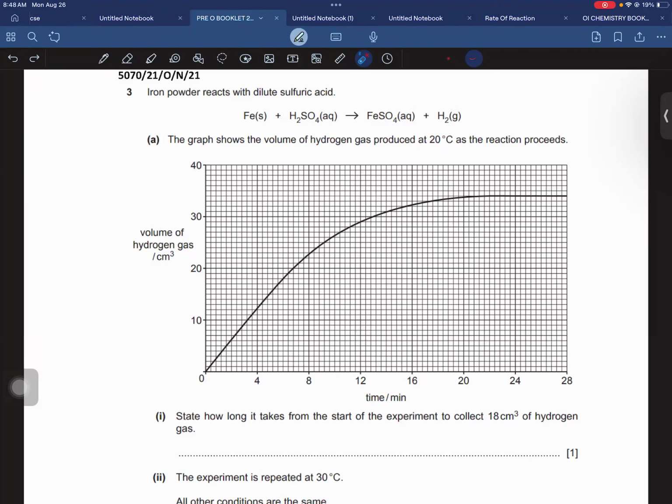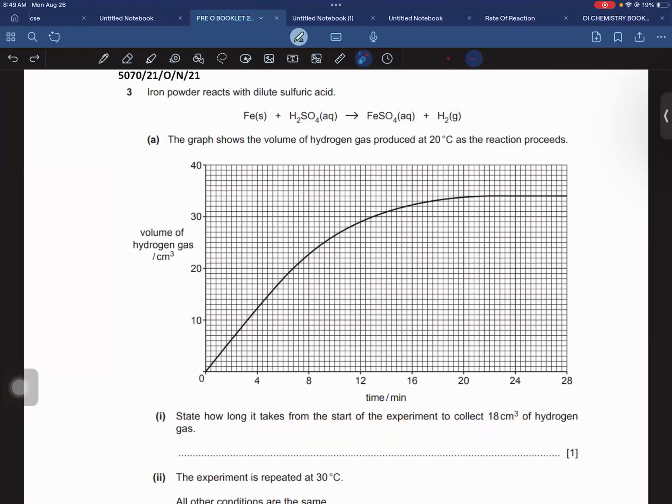6 to 10 minutes. Okay, let me check this. They are saying 18 cm cube of hydrogen gas. How long does it take from the start of the experiment to collect 18 cm cube?